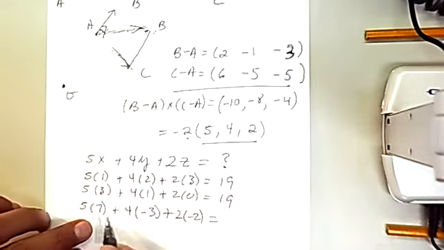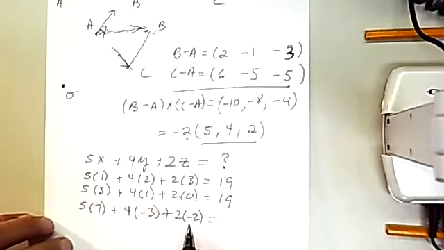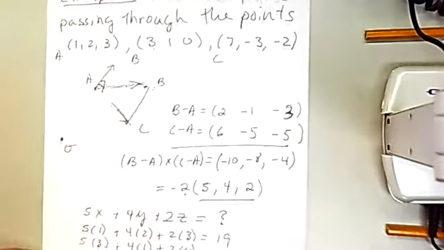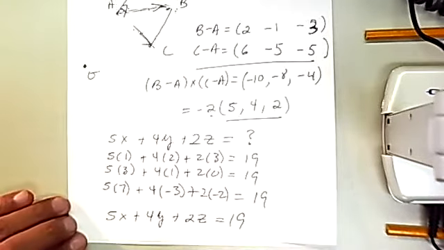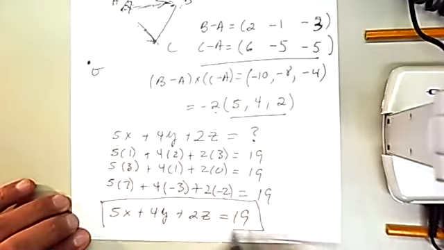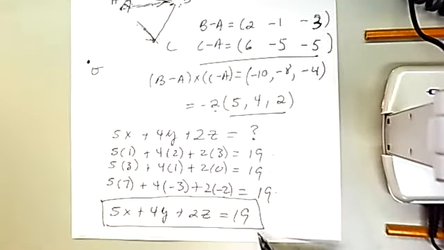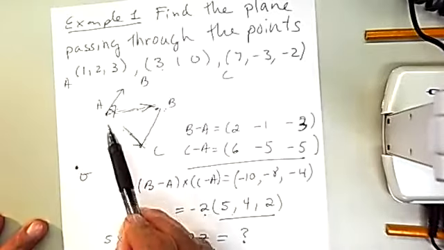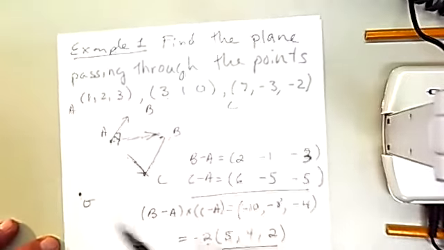Let's see, 35 minus 12, 23, minus 4, 19. So the equation 5x plus 4y plus 2z equals 19 checks with all of the points. Checks with the first one, checks with the second one, checks with the third point. And consequently, this is the equation of the plane that goes through A, B, and C: 1, 2, 3; 3, 1, 0; 7, negative 3, negative 2.